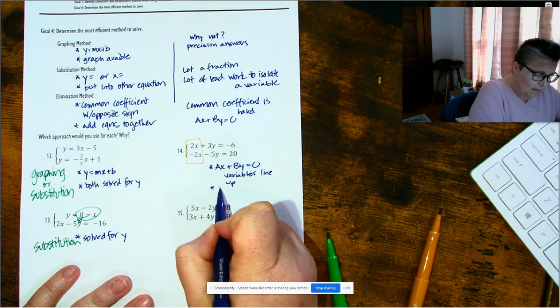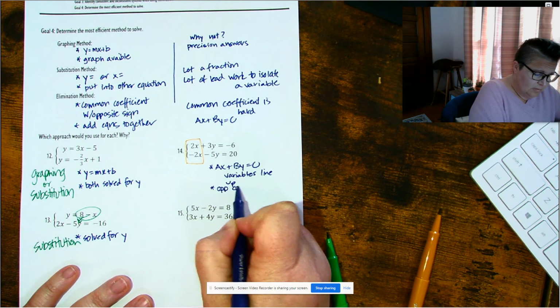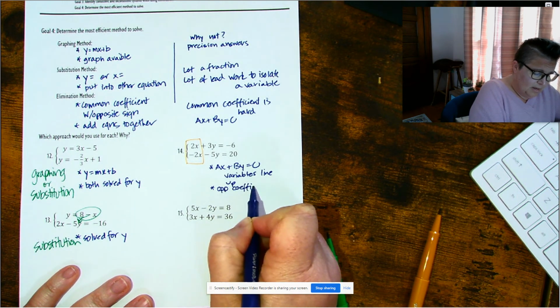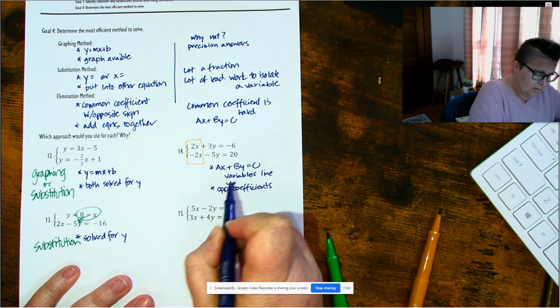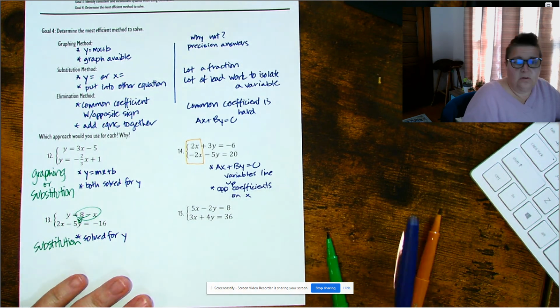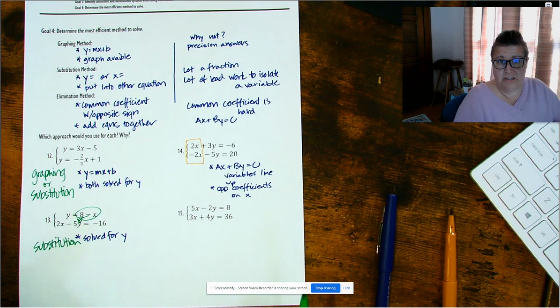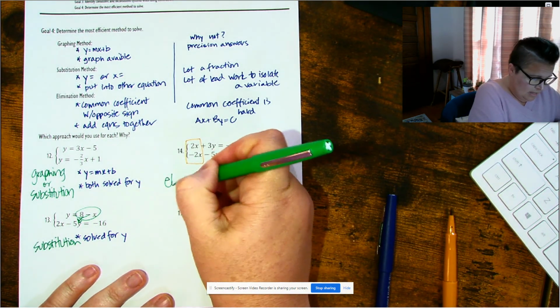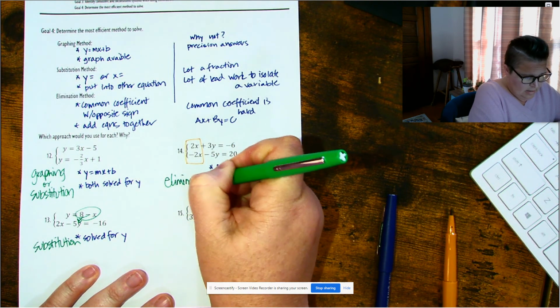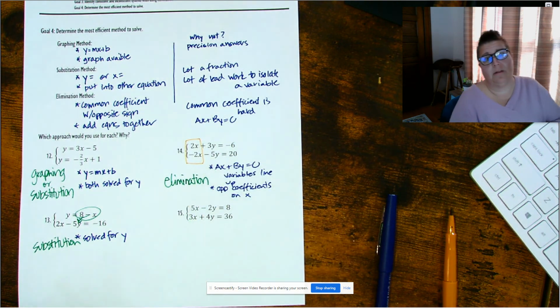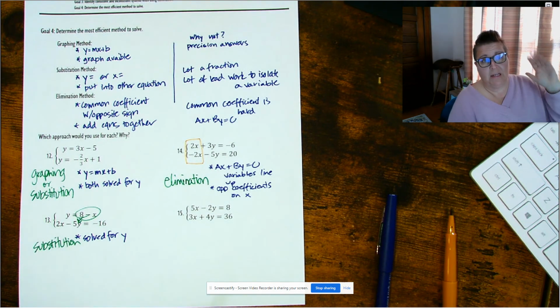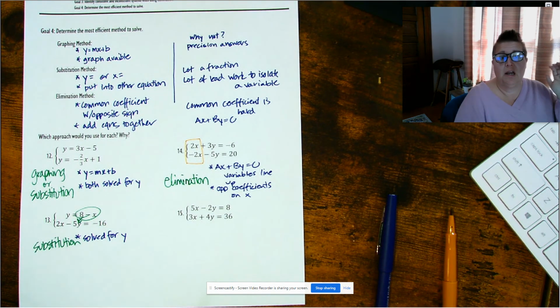We've already got opposite coefficients on that x. So while I could use elimination, or I could use substitution, and I could graph it, this guy is set up perfectly for elimination. It's just automatic setup. I can go from there, just quick step.